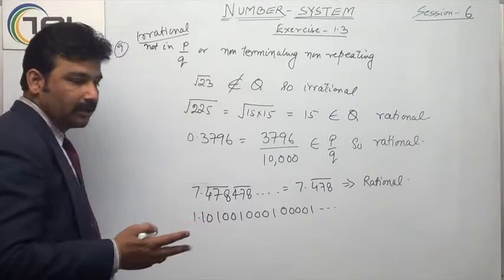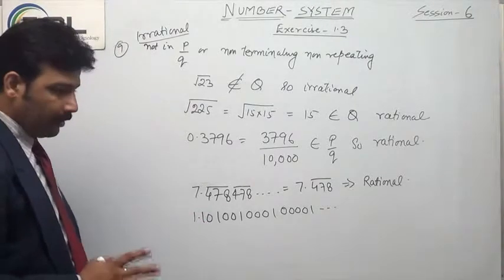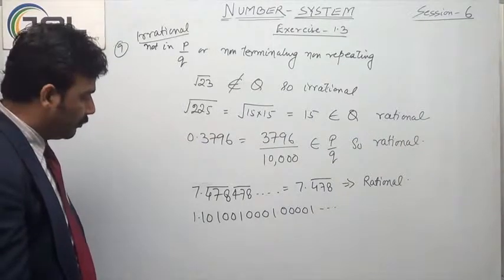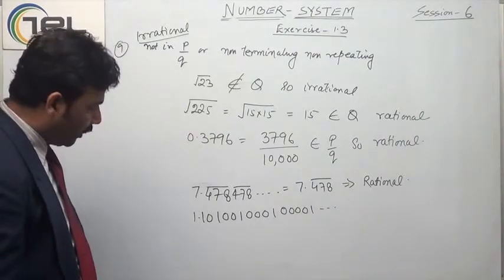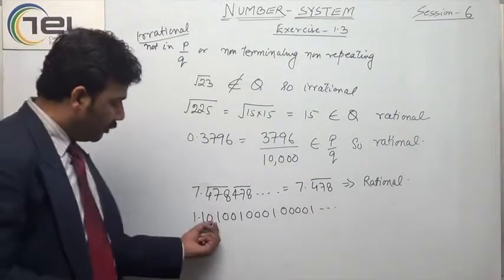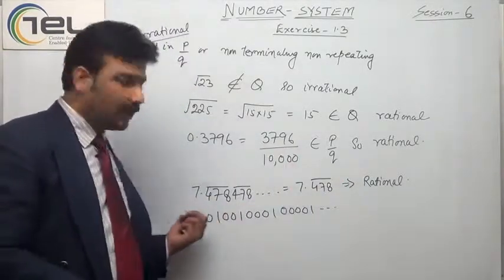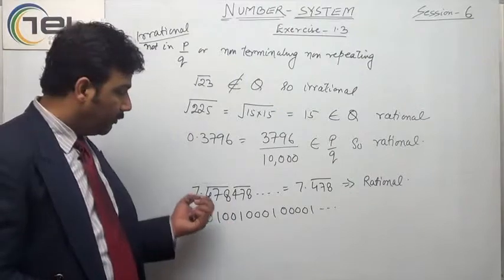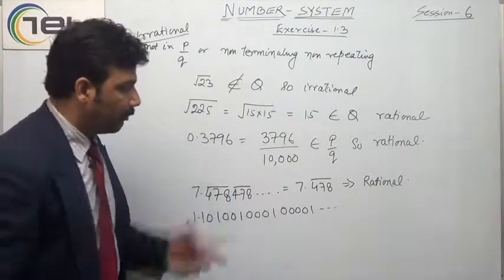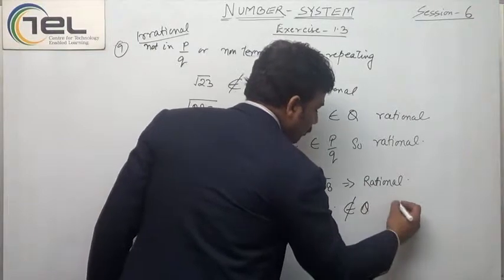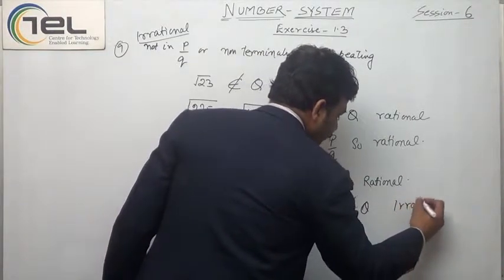It is good for a reasoning-type question: if I ask you to complete the series, you can, with 5 zeros next. But it is non-terminating and non-repeating, so it does not belong to Q, so it is irrational.